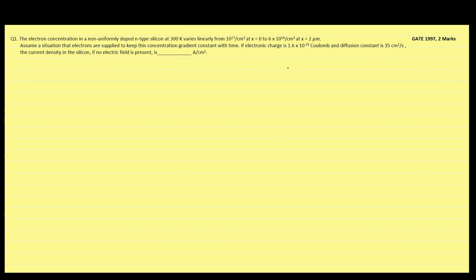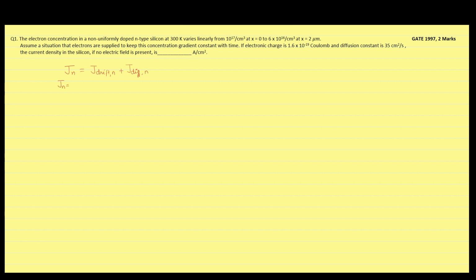We know that the net current density due to electrons is equal to drift current density due to electrons plus diffusion current density due to electrons.